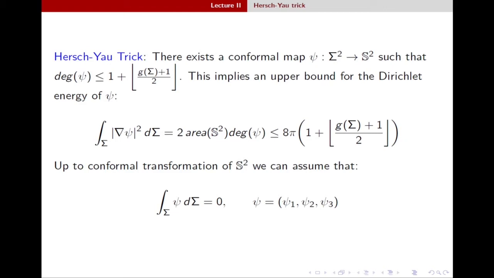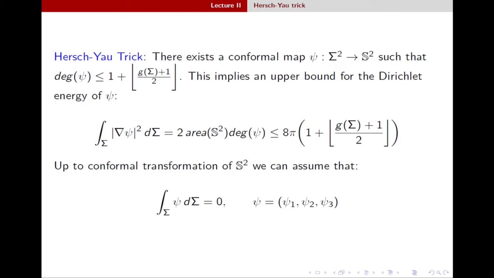Since you are dealing with a conformal map, you can translate that information as an upper bound for the Dirichlet energy of this map. The Dirichlet energy is then bounded by a quantity that depends on the genus of the surface. And a bound like that is very useful for the stability inequality.